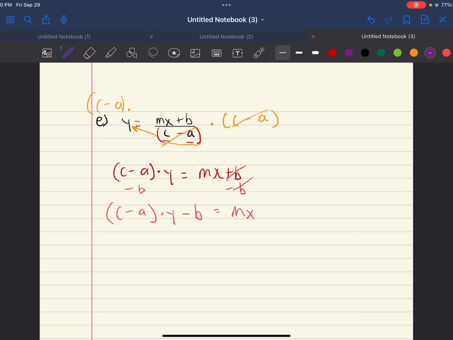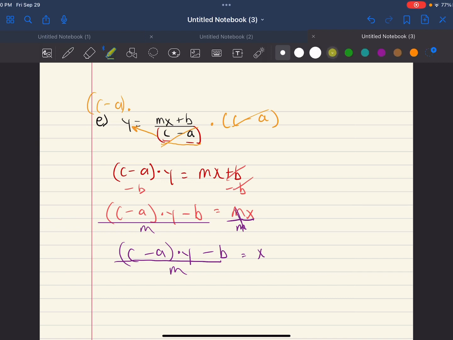And then finally, divide both sides by m, and that would be this entire side over here by m. And then our final formula would read c minus a multiplied by y minus b over m equals x. And that would be the final solution for this expression here.